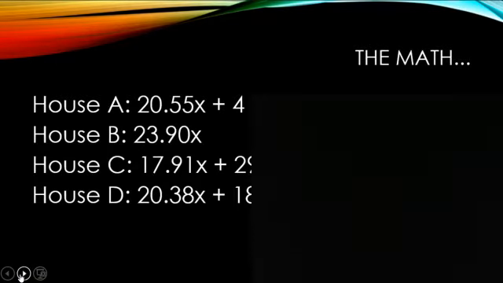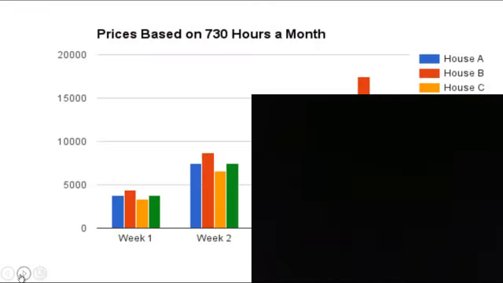These are the equations for house A, B, C, and D. This is the graph.